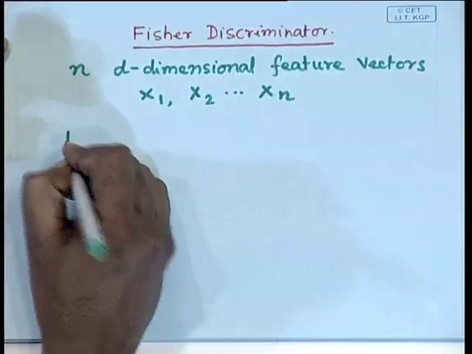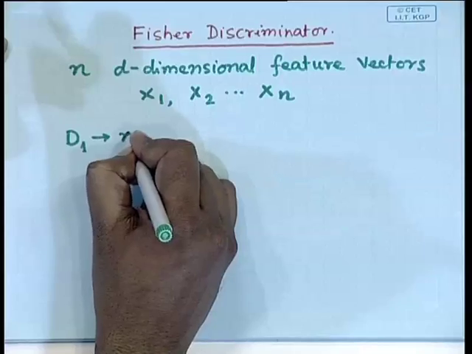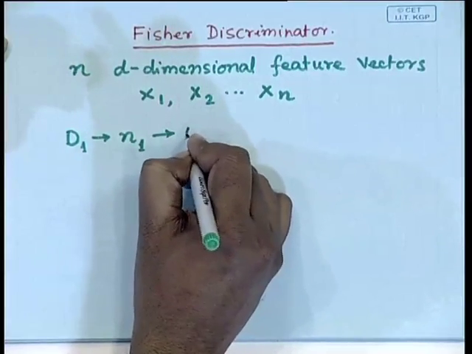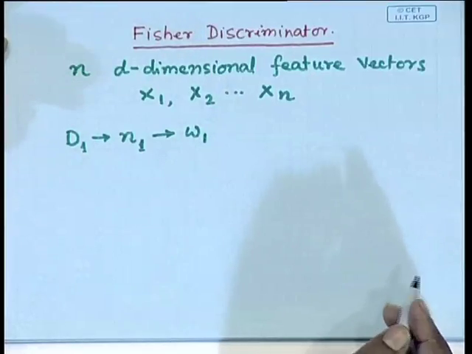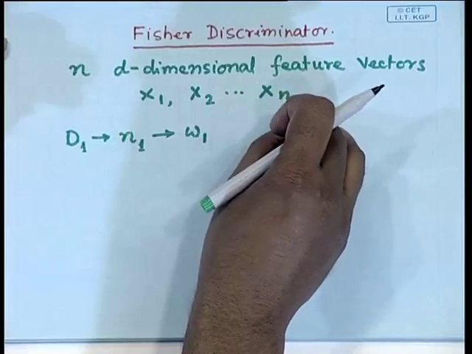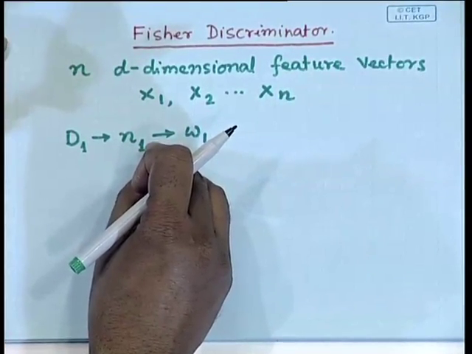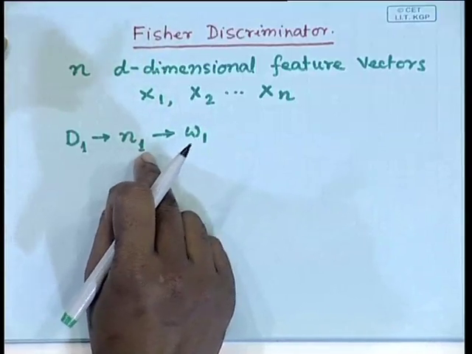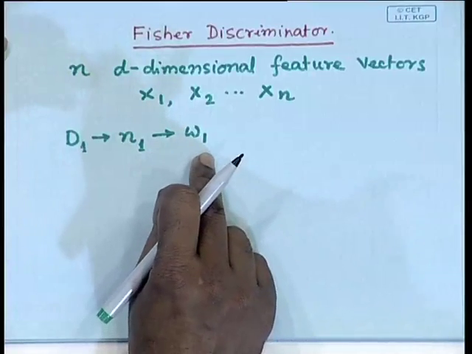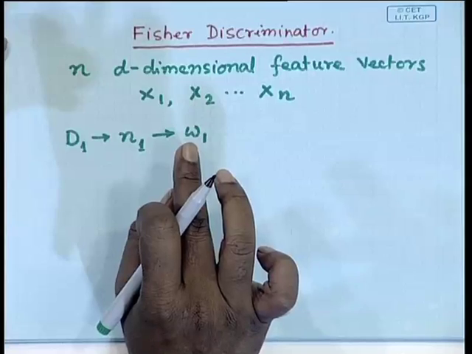One is set D 1, consisting of n 1 feature vectors which are labeled as class omega 1, because we are going for supervised learning. Out of the n feature vectors, n 1 feature vectors, where obviously n 1 is less than n, are in the set D 1 and are labeled to belong to class omega 1.